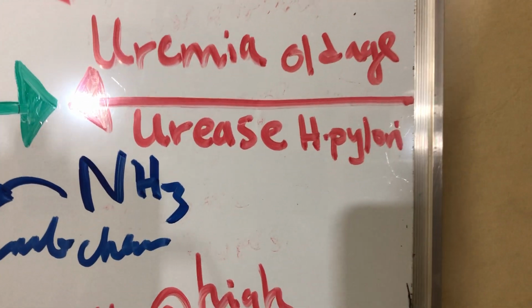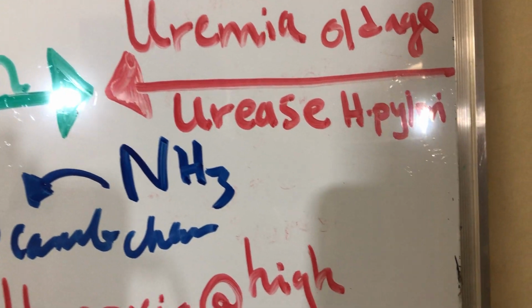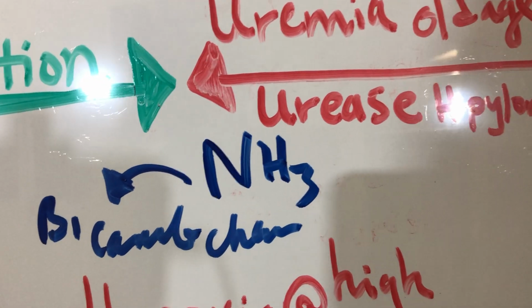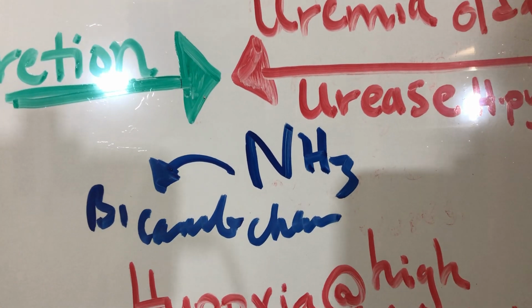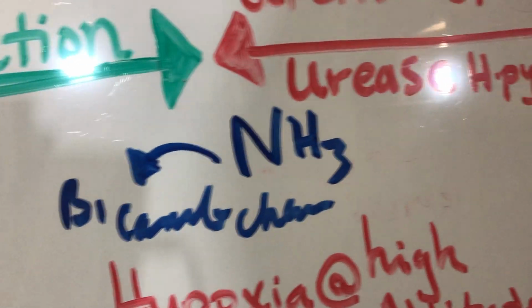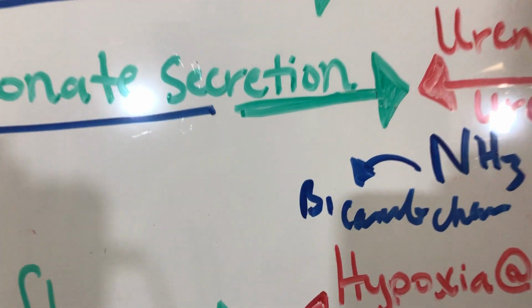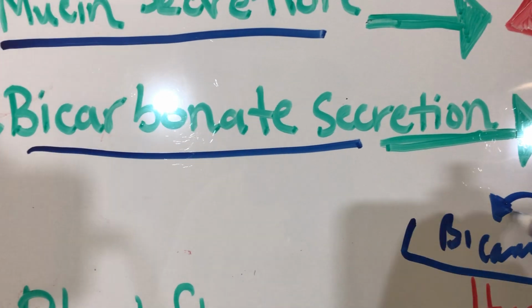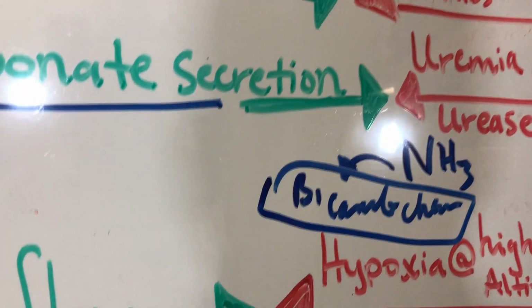And also an infection by H. pylori, Helicobacter pylori. That bacteria has an enzyme called urease that leads to the generation of ammonia, and ammonia, as I said, will block bicarbonate channels from secreting bicarbonate, and bicarbonate is what neutralizes the acid.